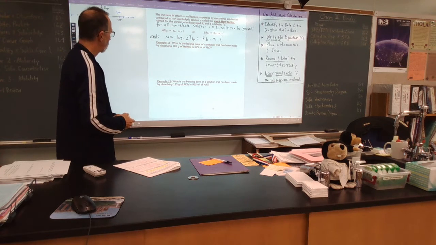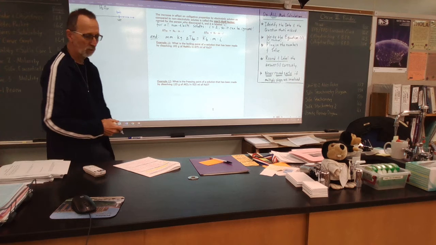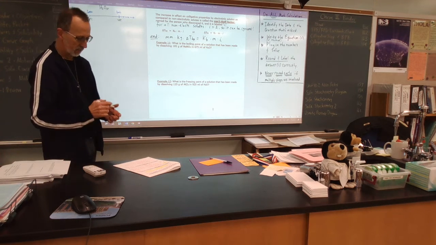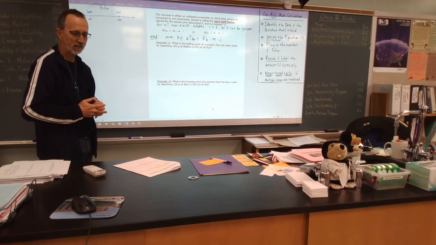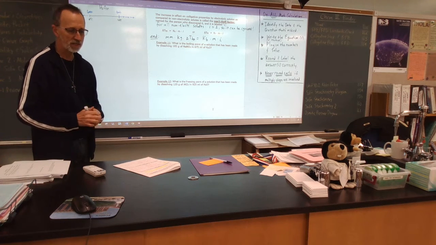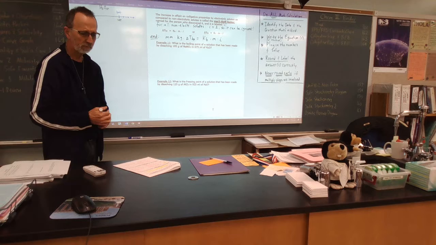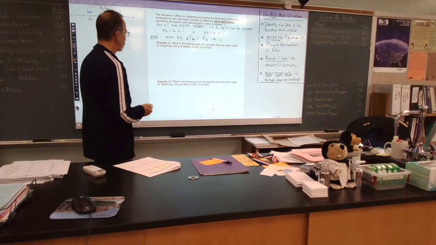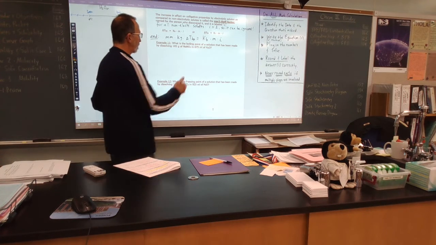All right, so next example, we're going to utilize that along with the van 't Hoff factor i to determine basically the same types of calculations we've done previously. So the next one, number 11, what is the boiling point of a solution?